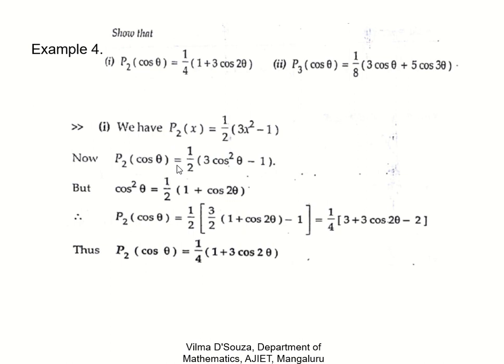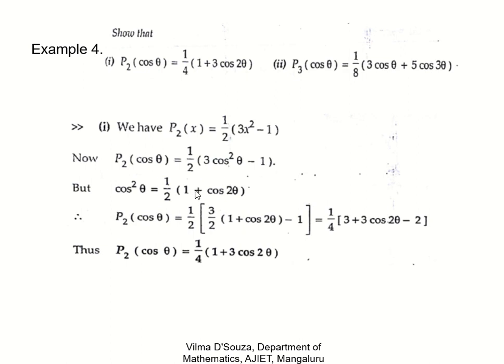So to find p2 of cos theta, put x equal to cos theta. p2 of cos theta is 1 by 2 into 3x square minus 1. X is cos theta, so x square is cos square theta. Half into 3 cos square theta minus 1. But what is your cos square theta? Use the trigonometric formula.